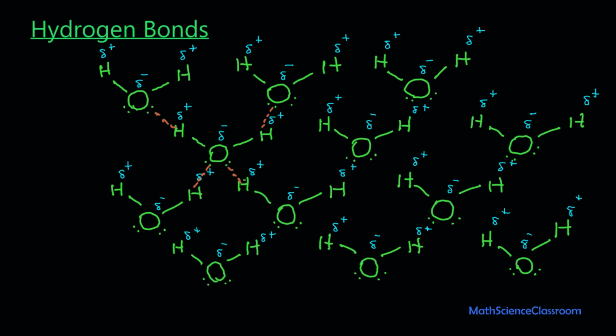But because this is highly structured lattice work, we have 4 bonds forming per molecule. So this molecule is forming a bond, another bond with this hydrogen, and we're going to finish off all of our bonds here.